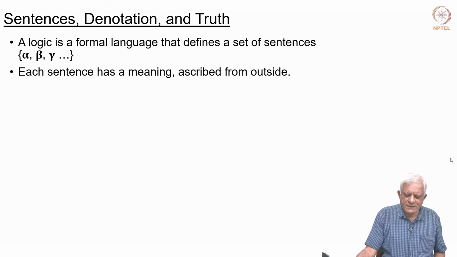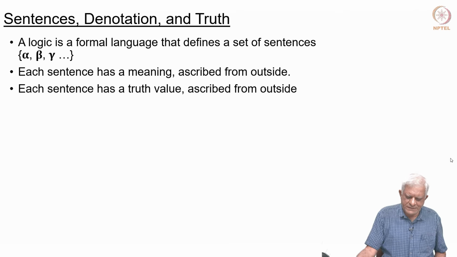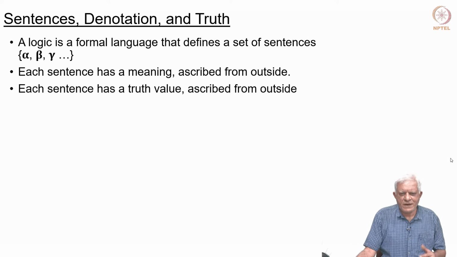Each sentence has a meaning, but the meaning is ascribed from outside. Likewise, each sentence has a truth value, which is also ascribed from outside. What this means is that the logic machine in itself is totally devoid of meaning. It is just syntactic pattern matching, a procedure in which you match some patterns and add new patterns and so on.